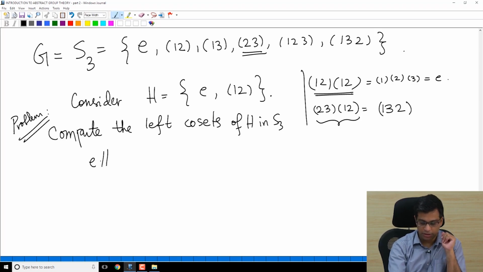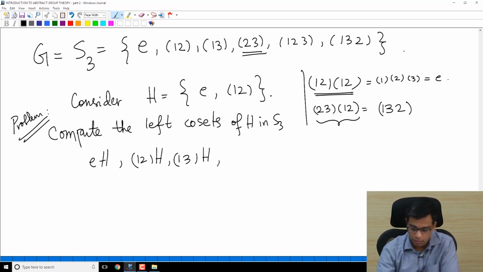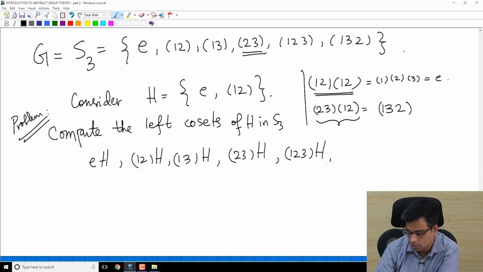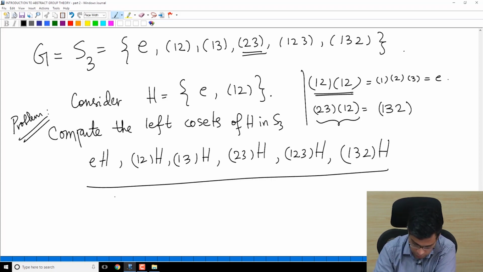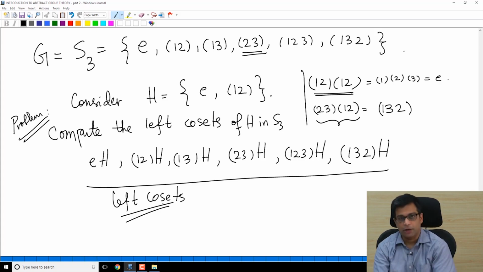So this is EH, (1 2)H, (1 3)H, (2 3)H, (1 2 3)H, (1 3 2)H. So these are the left cosets. But remember, you will expect that some of them may coincide with each other. So that's what we have to figure out.